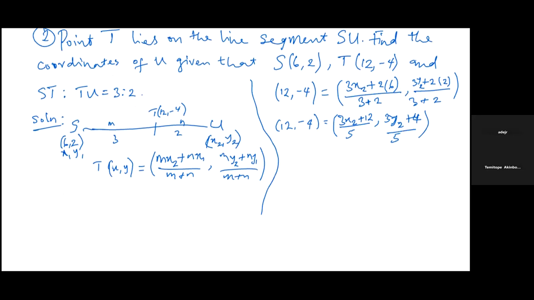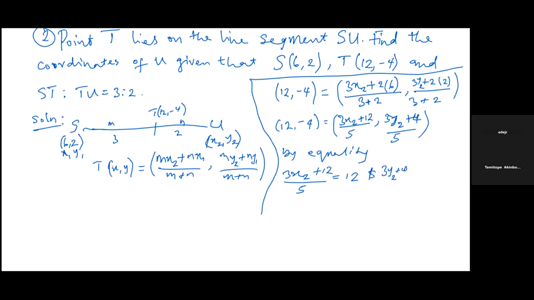By equality, 3S2 plus 12 over 5 equals 12. That's first coordinate to first coordinate. Second coordinate to second coordinate, 3Y2 plus 4 over 5 equals minus 4.